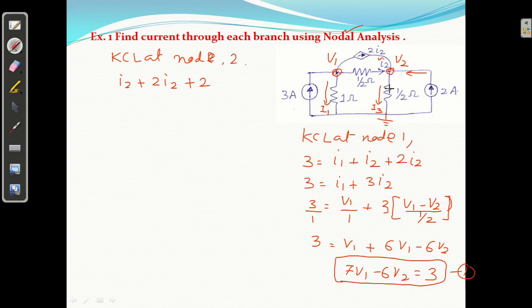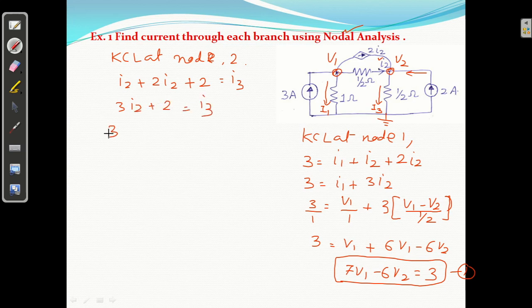Equal to what is outgoing? This I3. So I2 incoming, 2I2 incoming, 2 ampere incoming, but I3 is outgoing. So you will get 3I2 plus 2 equal to I3.